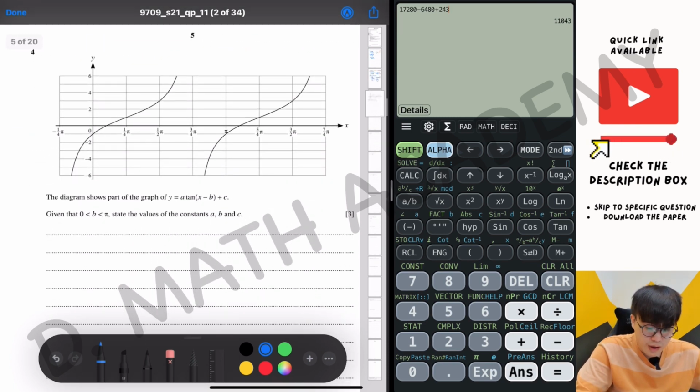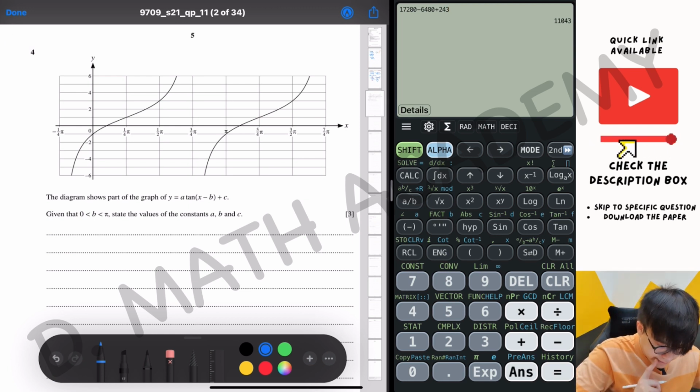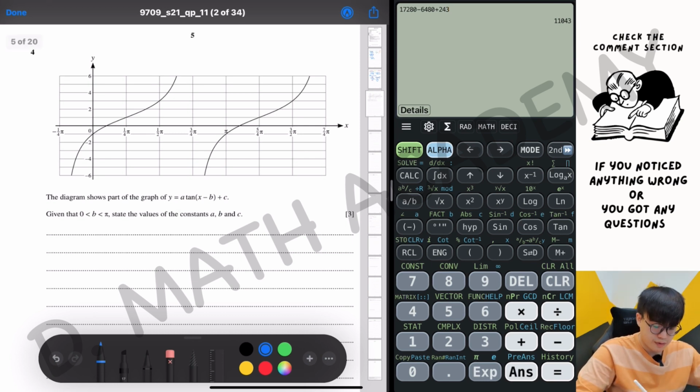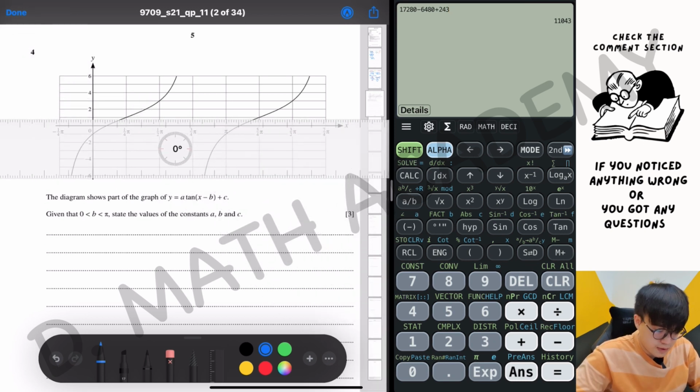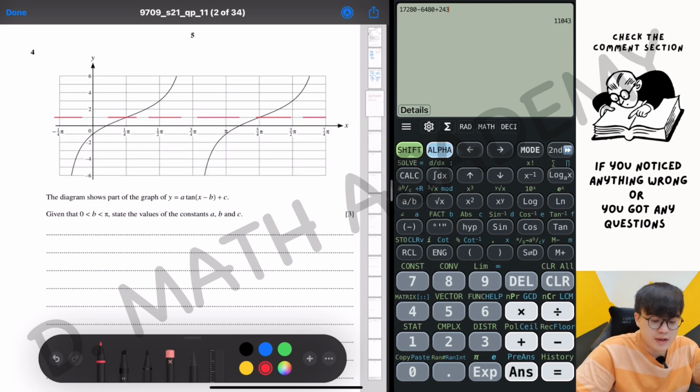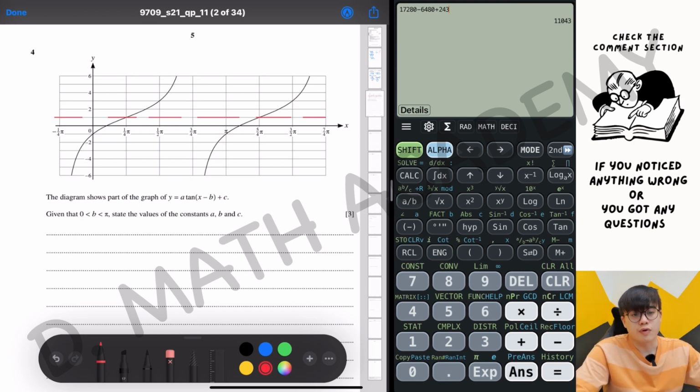Moving on, we have our tangent graph. Interesting. A couple of things that I noticed was that the entire graph actually starts from here. I'm not sure whether you learned maths back then, but this is the vertical translation. The vertical translation will be replacing the C here.